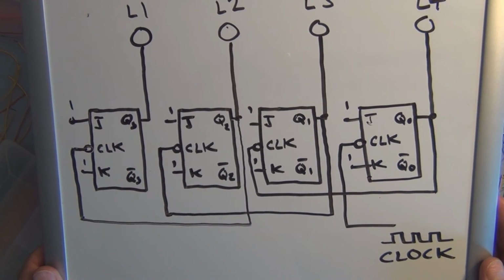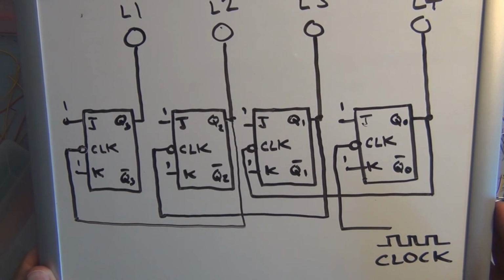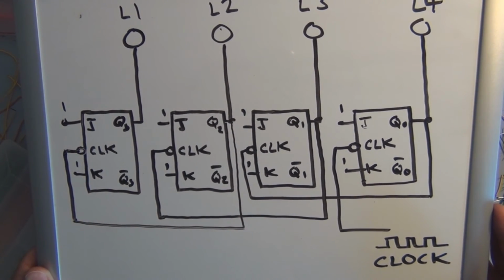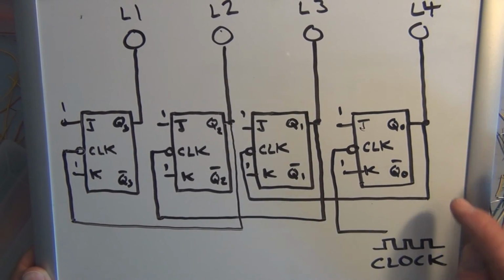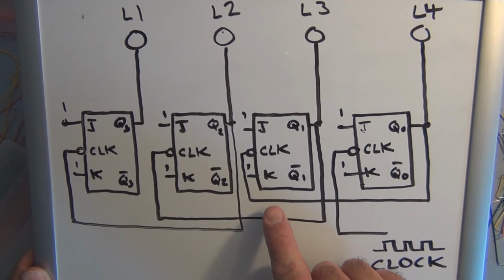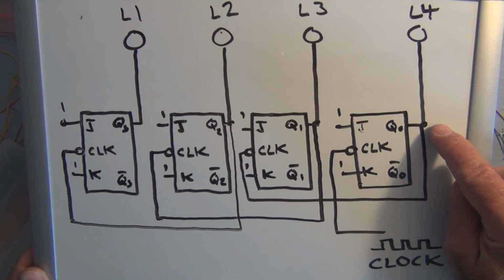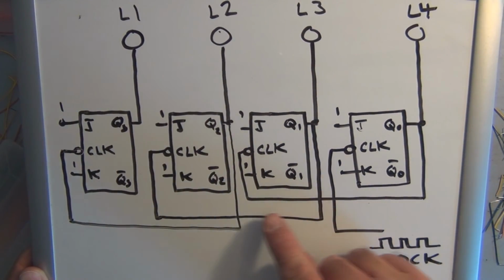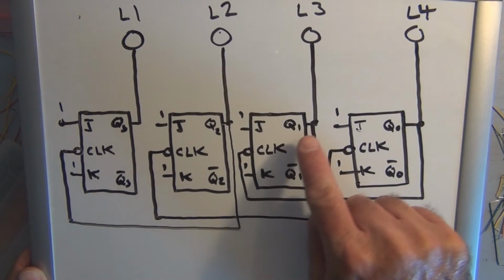In the next circuit, I've wired up 4 JK flip-flops. I've tied all the J and K inputs high, and I've fed the Q output to the next JK flip-flop clock input. So Q0 gets fed into the second JK clock input.